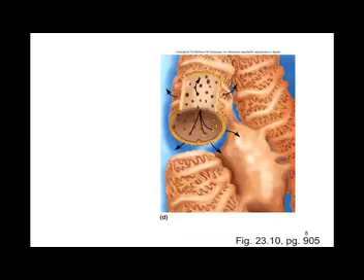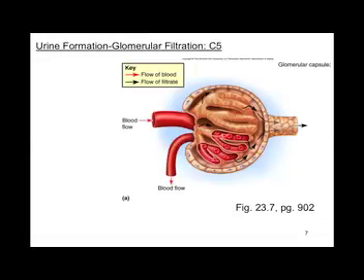And that's what we want. So all that stuff then is filtered out and is captured by this catch basin, this Bowman's capsule, which is also simple squamous epithelium. And then all that is directed into that proximal convoluted tubule, and here's the beginnings of that.